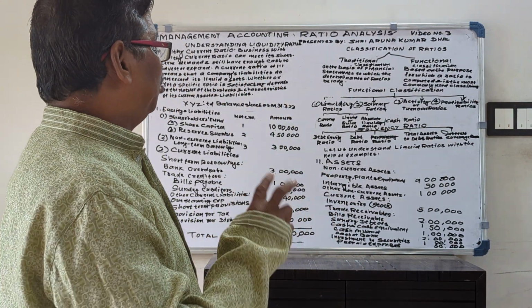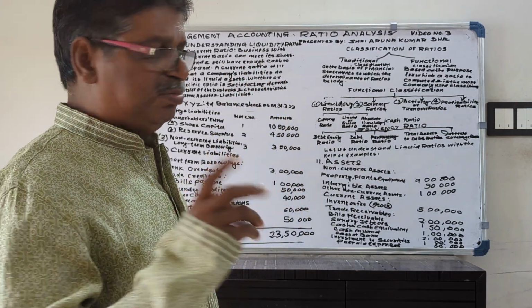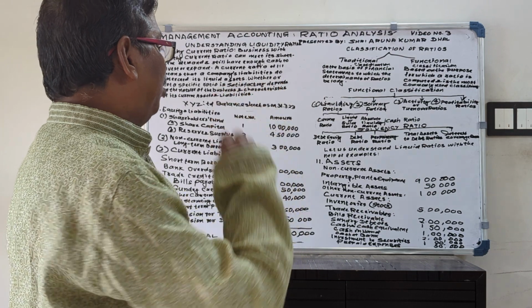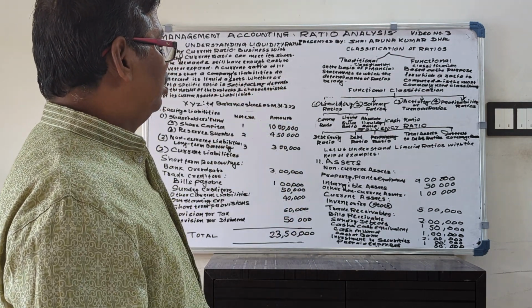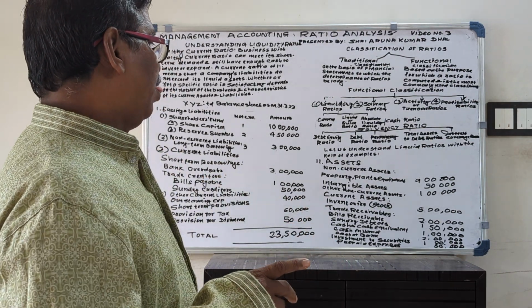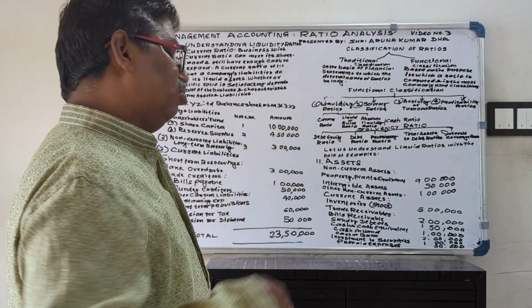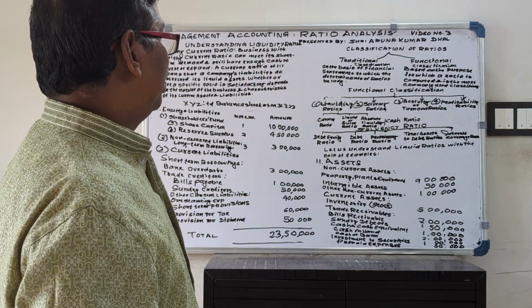Then another is composite or mixed, that means one from the income statement and another from the balance sheet, for example the stock turnover ratio. Closing stock belongs to the balance sheet and turnover sales belongs to the income statement.